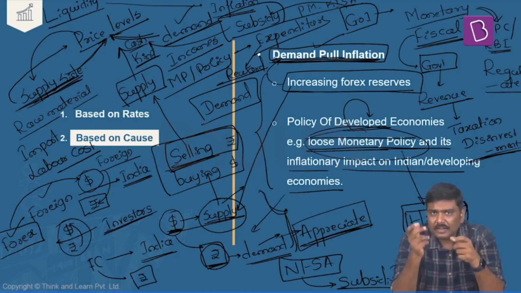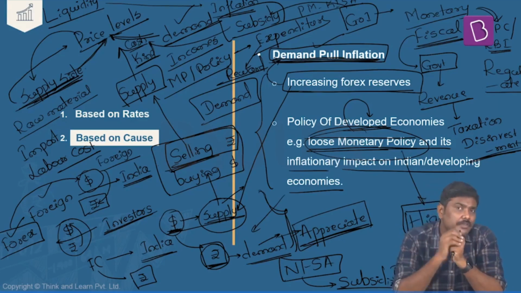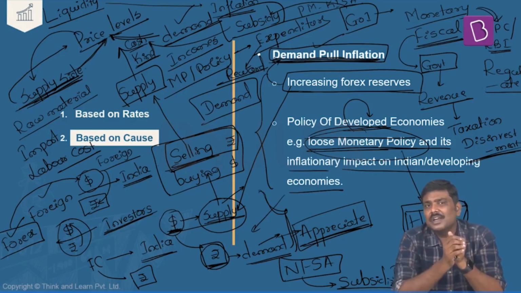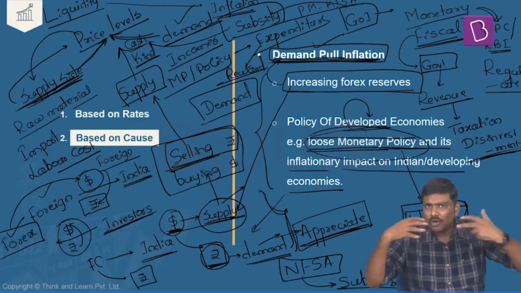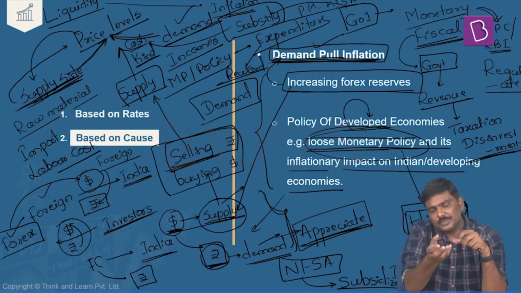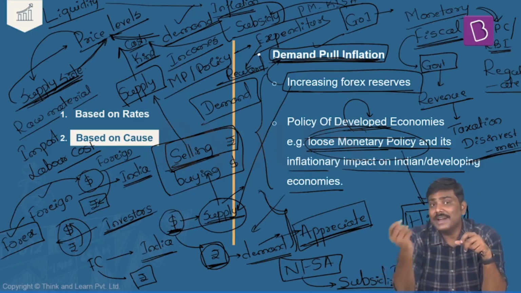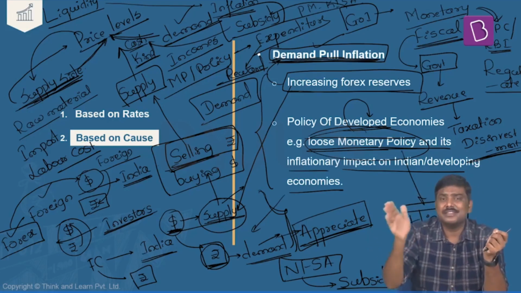For example, under NFSA, Government of India provides rice at 3 rupees per kg, wheat at 2 rupees per kg, and coarse grains at 1 rupee per kg. Whatever could be the actual cost of this, Government of India will ensure that when these particular food grains are provided to the identified beneficiaries, these are given at subsidized prices.